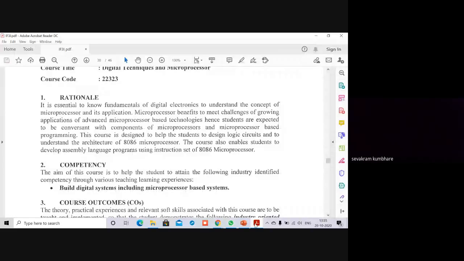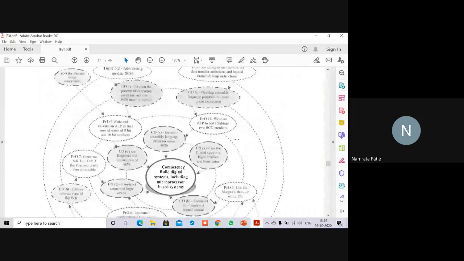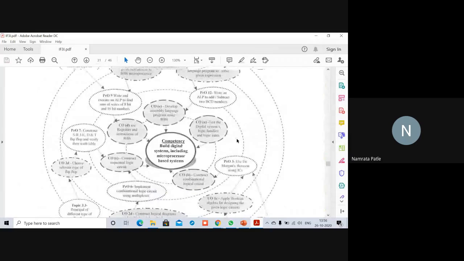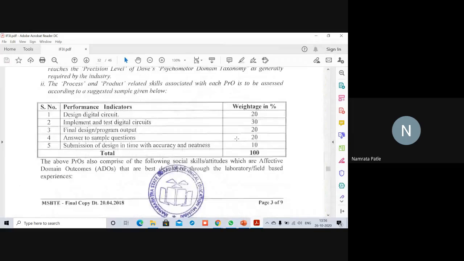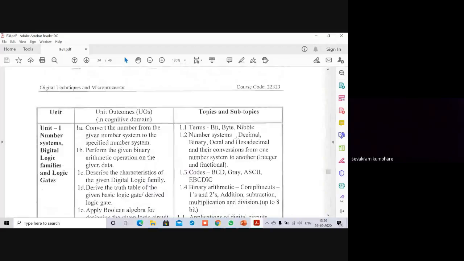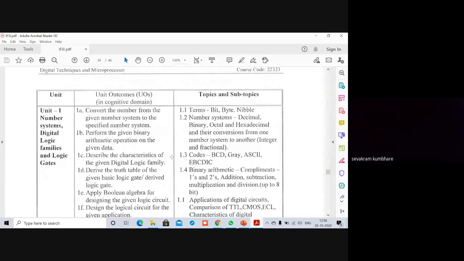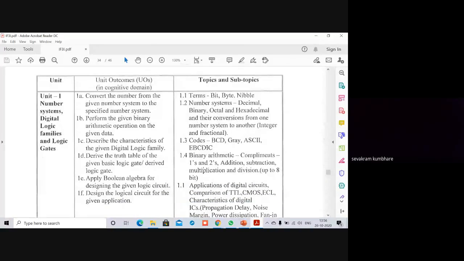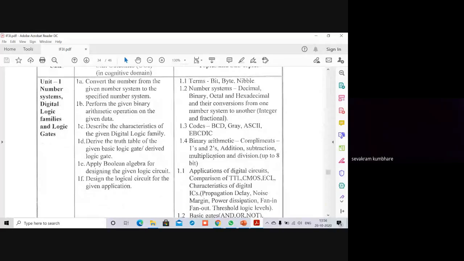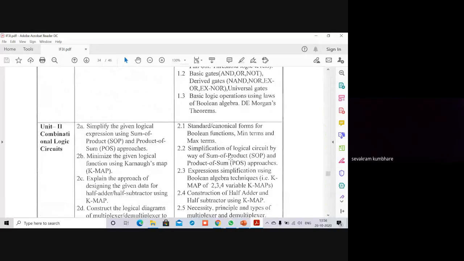Is this PDF visible to all of you? Yes, sir. Okay, so the first unit, that is number system, digital logic families and logic gates, we finished in the last lecture. Now the second unit is combinational logic circuit.